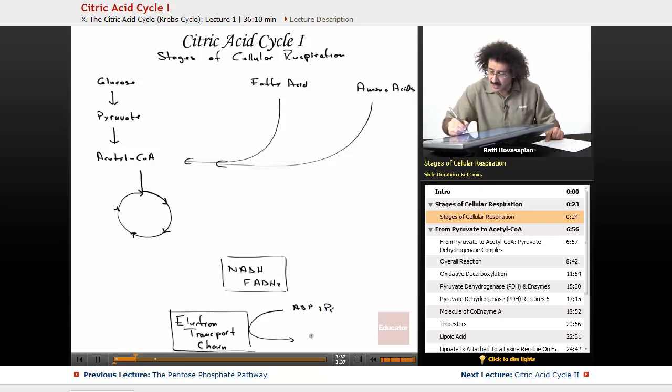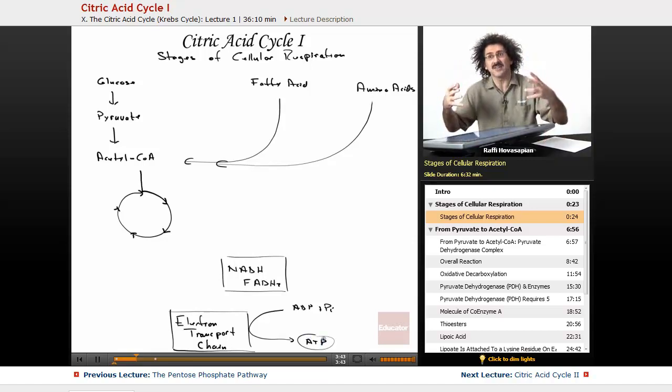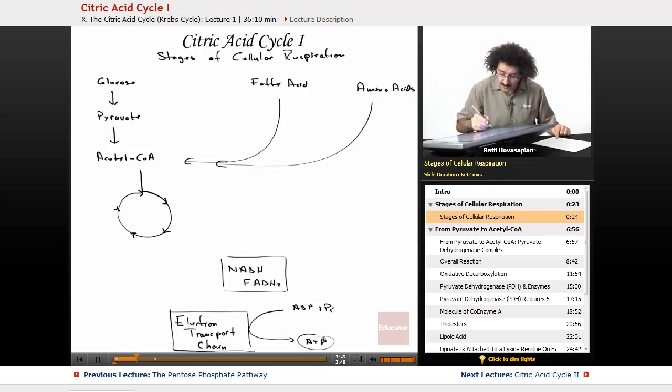ADP plus Pi is converted into ATP. That is one of the major products. All of this is designed to produce ATP so that ATP can run the body, because ATP is the energy currency. The other thing that happens is that oxygen gas is reduced to water.